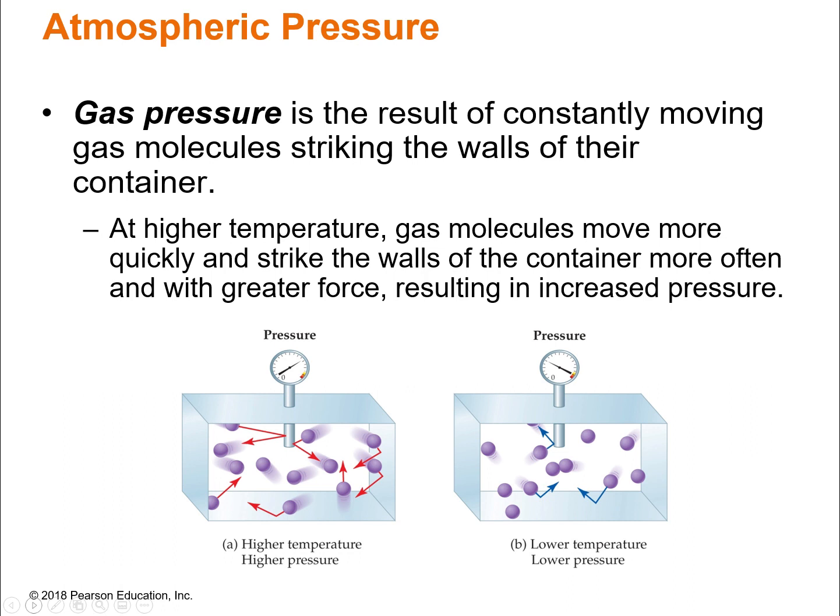But remember, there's so many of them, and they're all moving so fast. They've got a lot of kinetic energy, which means they can hit the walls of a container collectively with a lot of force. And at a higher temperature, you've got gas molecules moving more quickly and striking the walls more often and with greater force. So that's going to increase the pressure on that container.